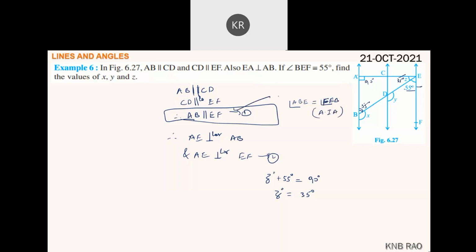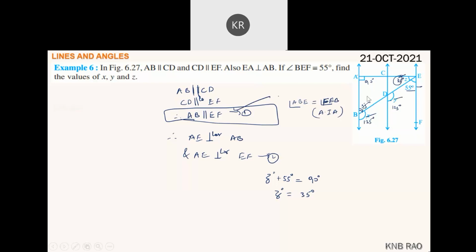So if this is 55, then this is 55. If this is 55, x must be 125. If x is 125, then y must be 125, because they both are corresponding angles. That's it. Understood? So you know how to find z.